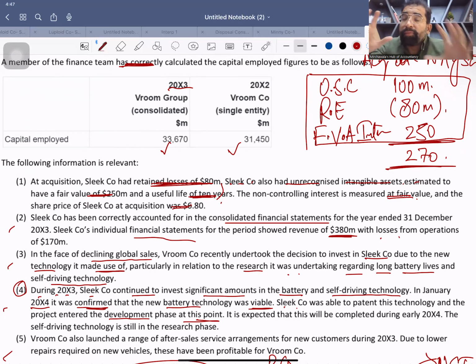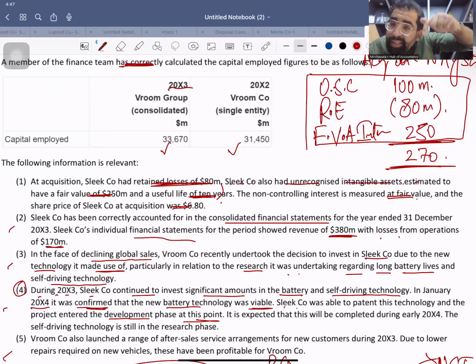So this year, now the question, I'm giving you evidence. This is a real mark-winning, scoring point. Why is the subsidiary company in loss this year? See, they have told you the loss. Because the subsidiary company is in the research and development phase. The subsidiary company is doing research for these long-life batteries and self-driving technology.